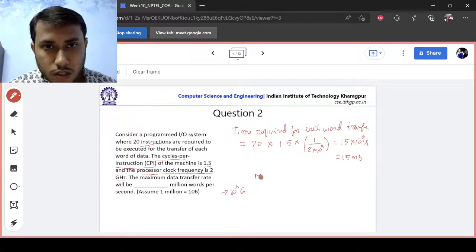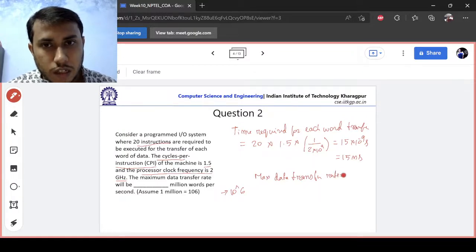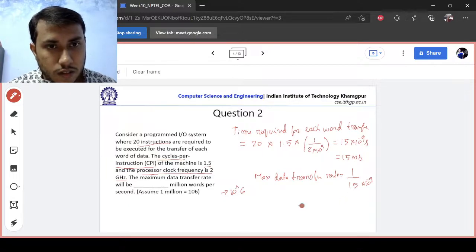So the max data transfer rate is 1 by 15 into 10 to the power of minus 9.